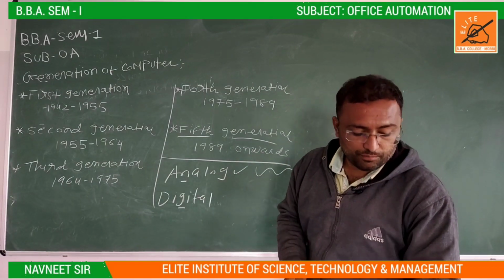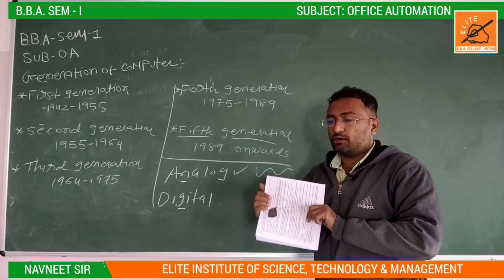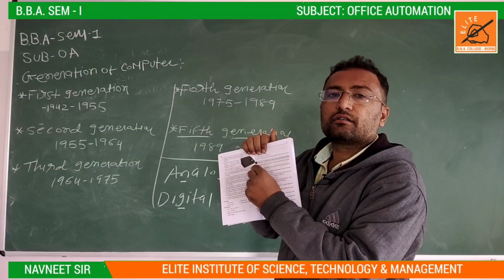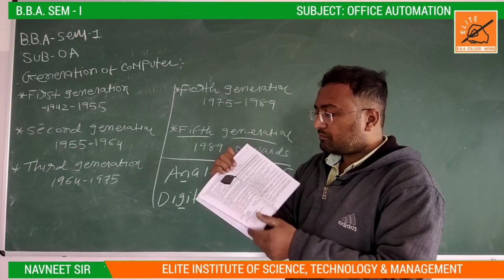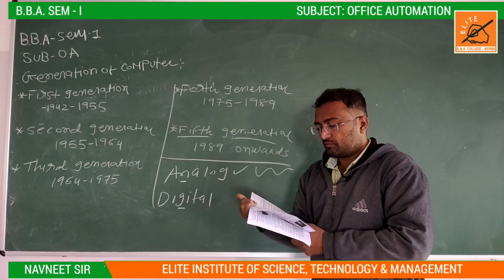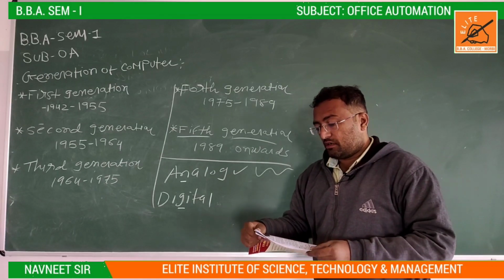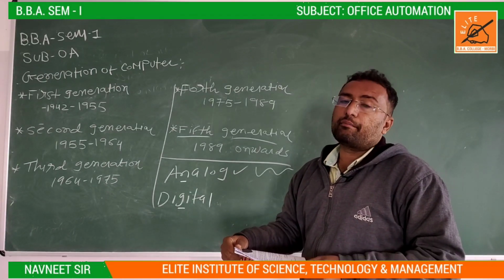Analog computer processed it and produced the result. How an analog computer looks is like this. Analog computer was widely used in scientific design, production, environment and industrial applications.